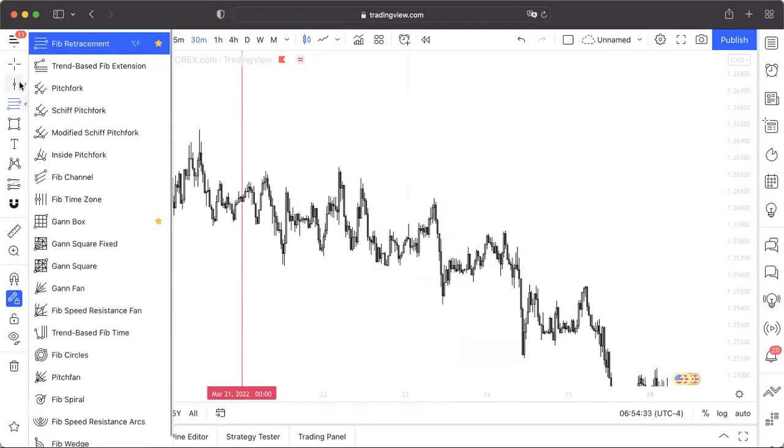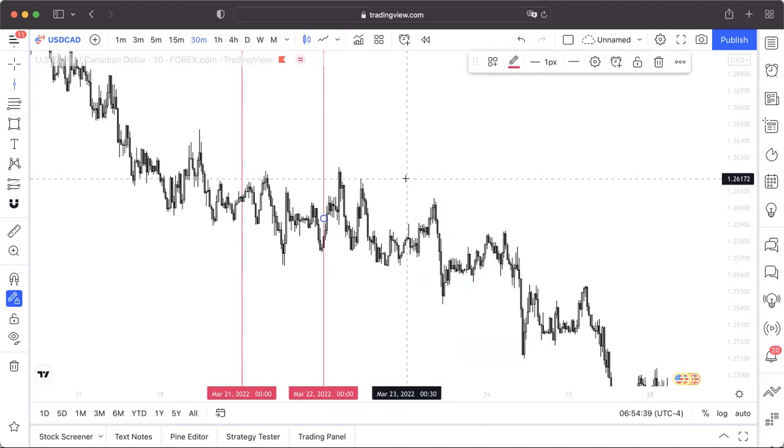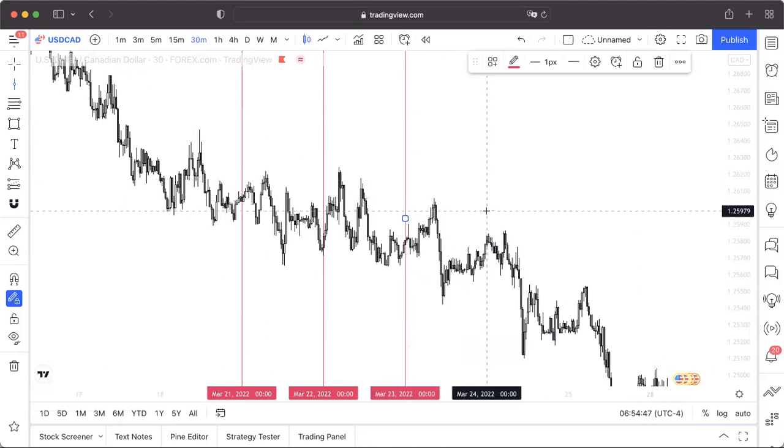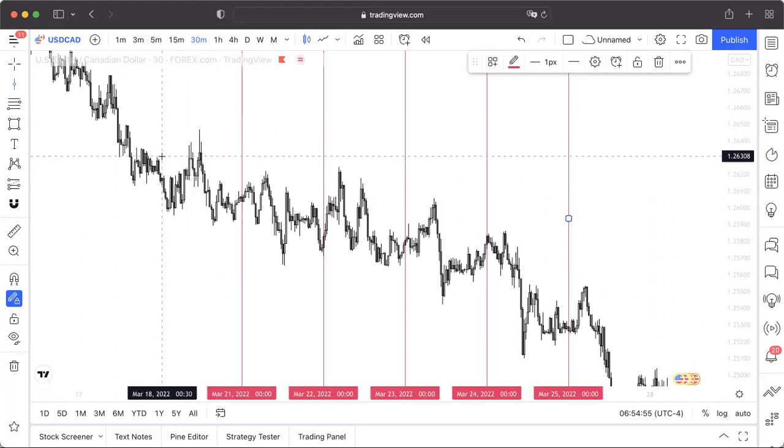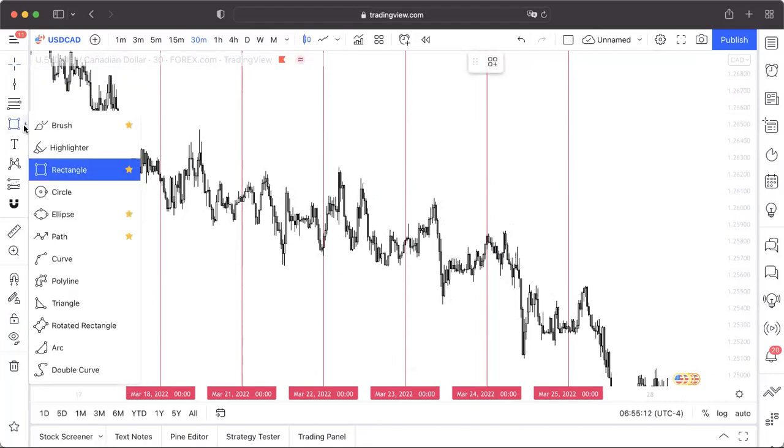Oh, sorry, wrong tool. Okay. Just quickly also the kill zones, just a moment. Try to be quick with it.